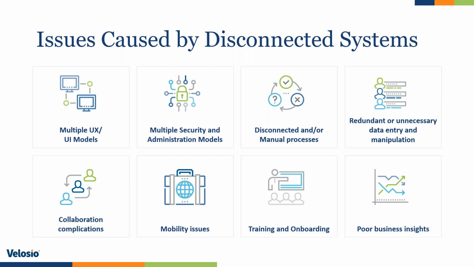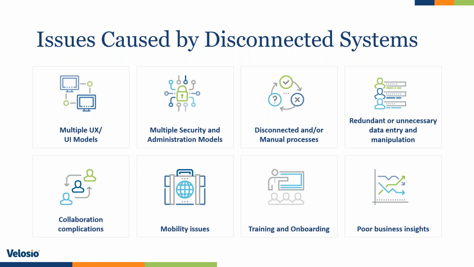And switching back and forth between different places can be confusing, can slow you down. You have to remember, how do I do this again in this tool, right? And so when you have multiple systems, multiple user experiences, that can tend to slow your users down, can slow you and your processes down.